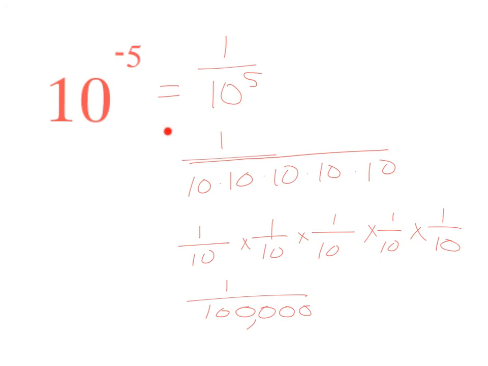So any one of these could be the fraction that they're asking for that's equivalent to 10 to the negative 5. The other piece is they'd have to ask for a decimal. Reading this one right here will give you the decimal answer. And in this case, I have 100,000th.